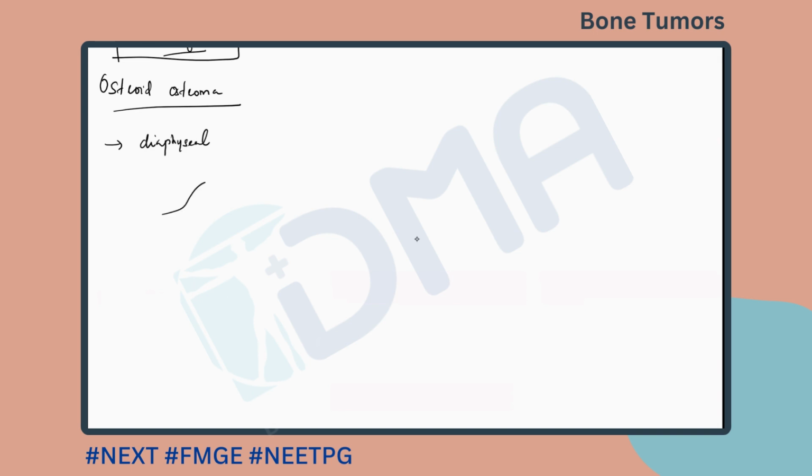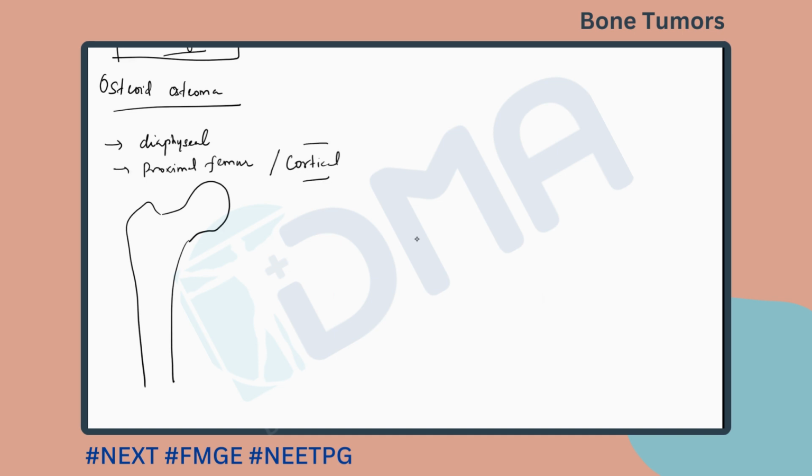And if you take a bone, let us consider this is the bone, usually osteoid osteoma occurs in the proximal femur, in the cortical region or the cortex of the bone. In the cortex it produces a swelling like this. This swelling is called osteoid osteoma.